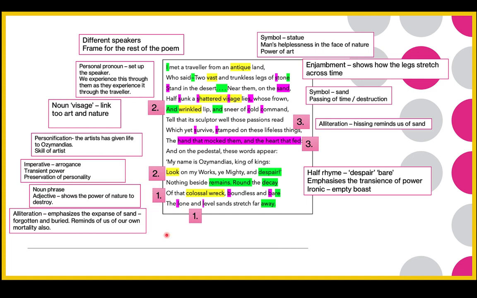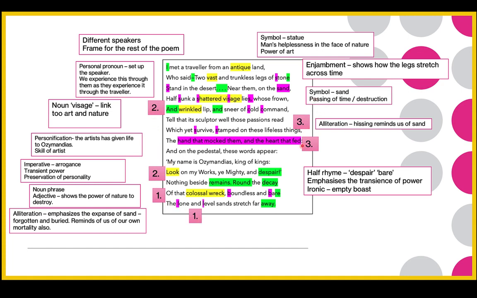So you can see that my ideas, I've numbered them. So anything that I want to talk about in terms of nature is number 1. Anything that I want to talk about in terms of a cruel leader or tyranny is number 2. Anything to do with art is number 3. Okay? So I've got 2 1s, which means I've got 2 quotations for number 1, 2 2s, 2 quotations for my point number 2 or my section number 2, and 2 3s.